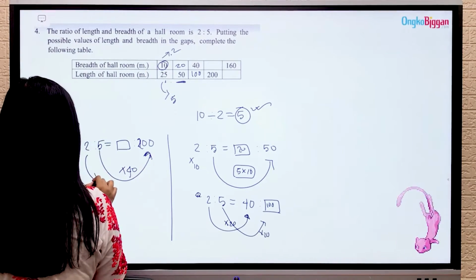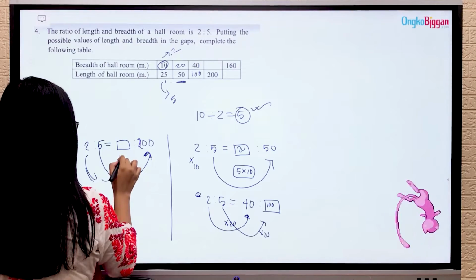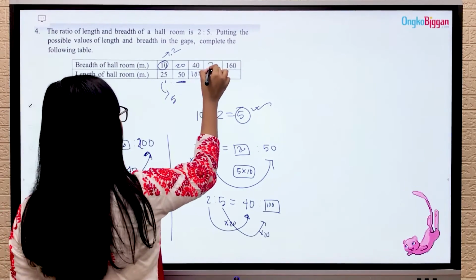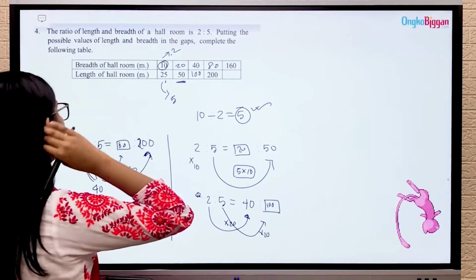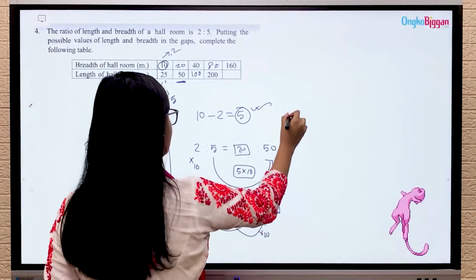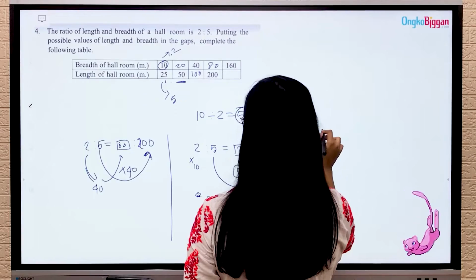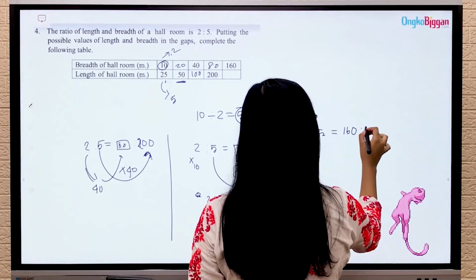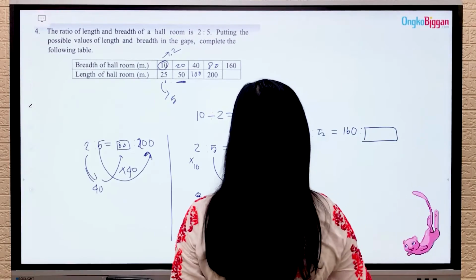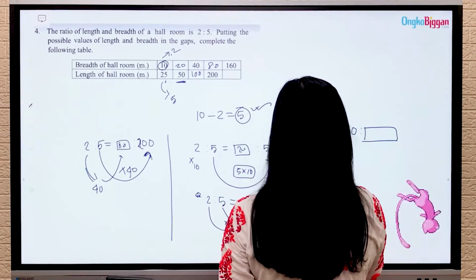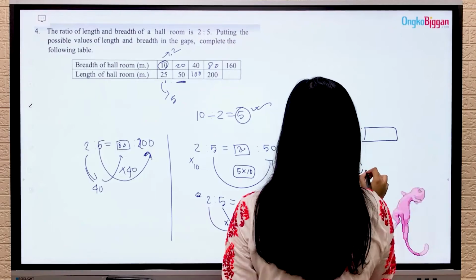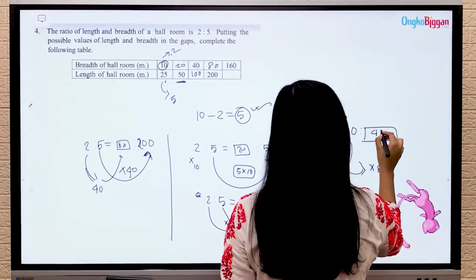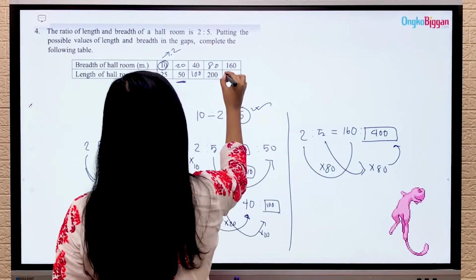So we will also multiply 2 by 40 here. So it will be 80. And finally, this will be 2:5 equals 160 is to box. So here there is a multiplication of 80. So there will also be multiplication of 80, that is 400. So it will be 400.